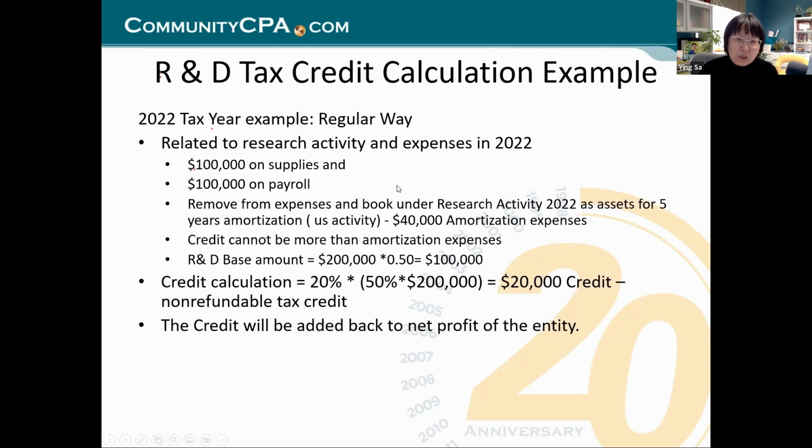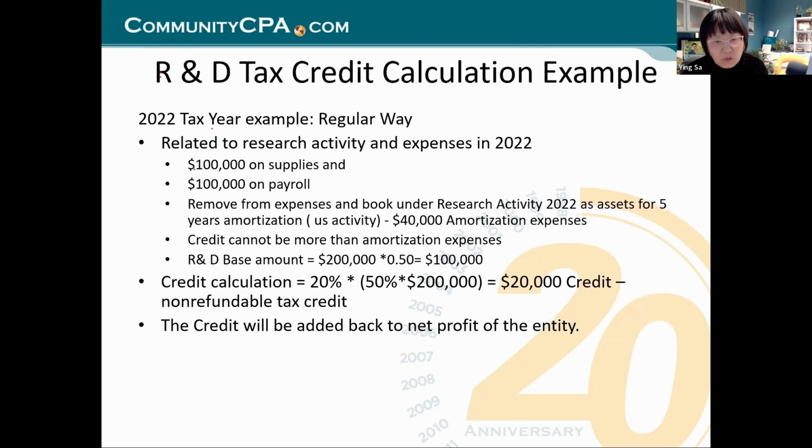That is the one we call the regular way of calculating R&D. And folks, when you do R&D, I know that you are going to use the forms to fill out the R&D credit. When you use these forms, the system is going to help you.